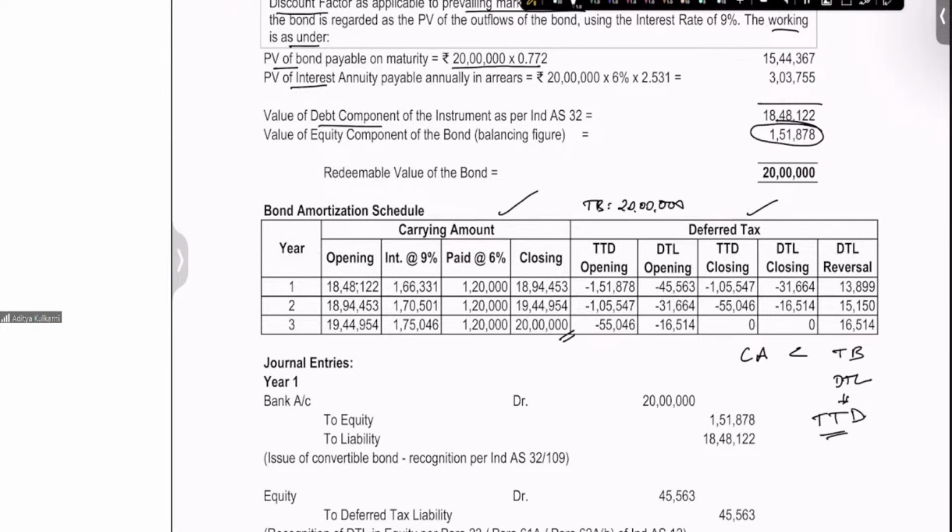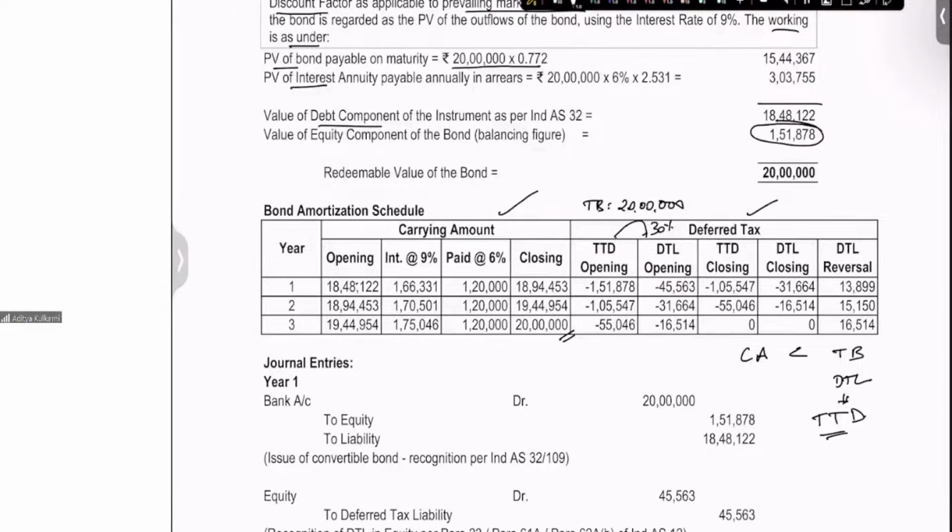This taxable temporary difference is 1,51,000. On that, you multiply with the rate of 30%. So your opening deferred tax liability comes to 45,563.